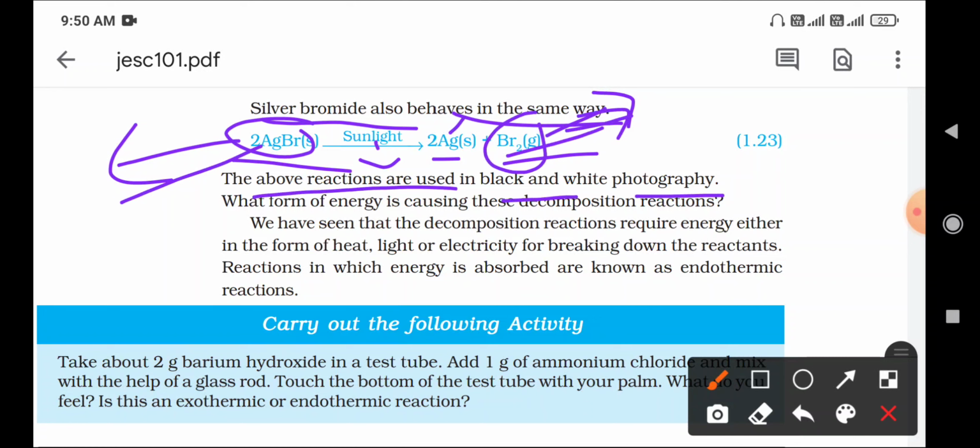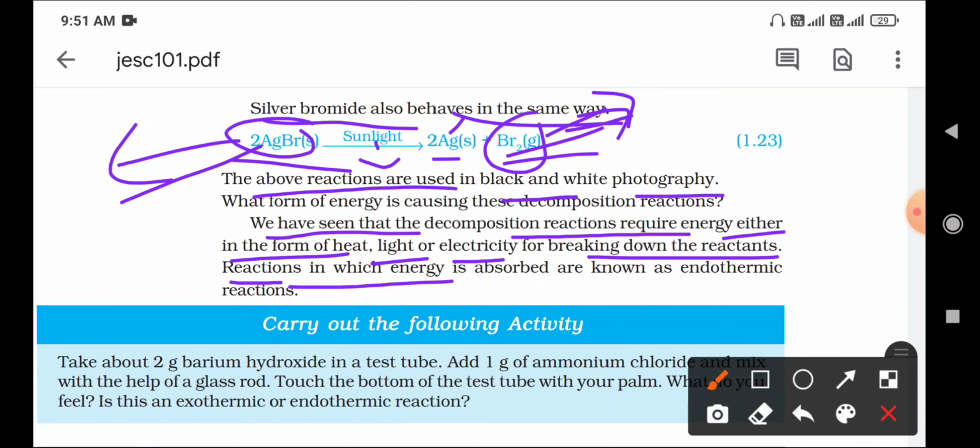What form of energy is causing the decomposition reaction? There are methods that will cause decomposition reactions: heat energy, light energy or sunlight, and electrical energy. We have seen that decomposition reactions require energy in the form of heat, light or electricity to break down the reactant.